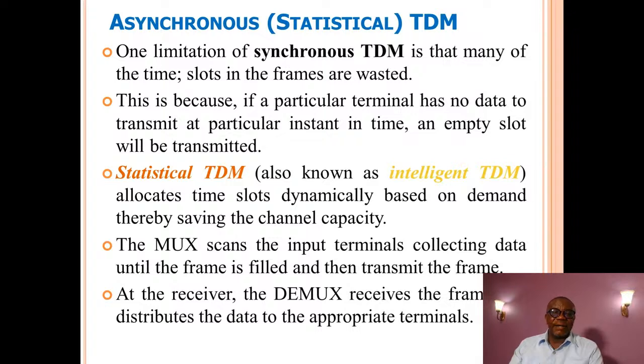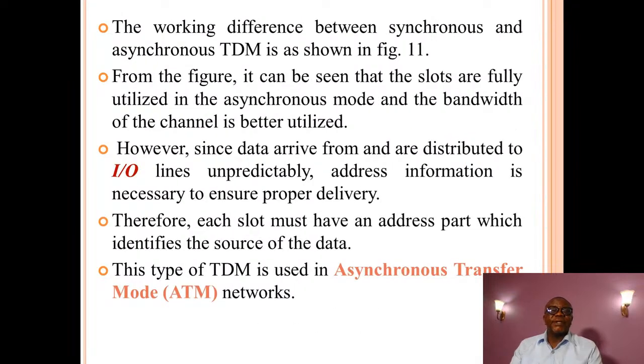At the receiver, the demux receives the frame and distributes the data back to their appropriate terminals. The working difference between synchronous and asynchronous TDM is as shown in figure 11. From the figure, it can be seen that the slots are fully utilized in the asynchronous mode, and the bandwidth of the channel is better utilized.